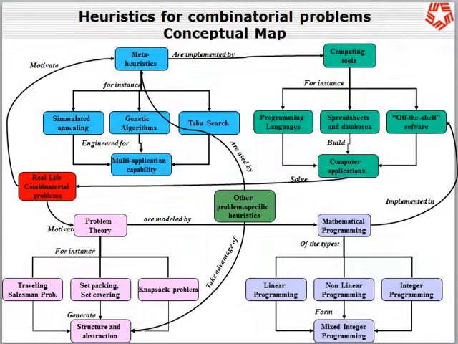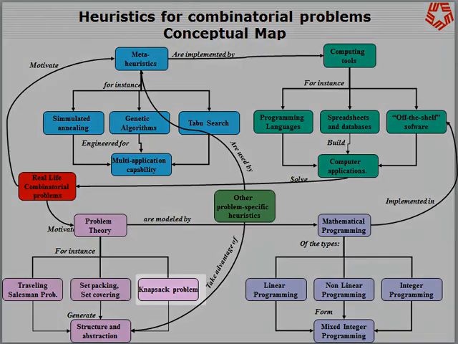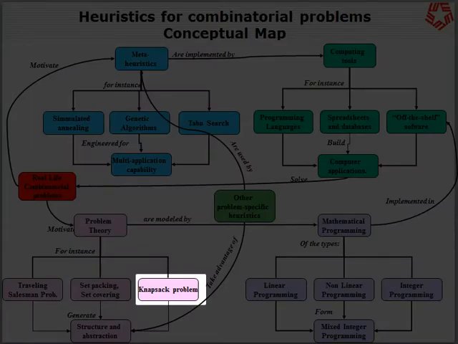You have, for example, the traveling salesman problem, in which a vendor needs to visit a set of cities one at a time without coming back to the same city, and making a circuit coming back to the original city in which he or she started. We have a knapsack problem, in which you have to put a variety of items inside the knapsack.